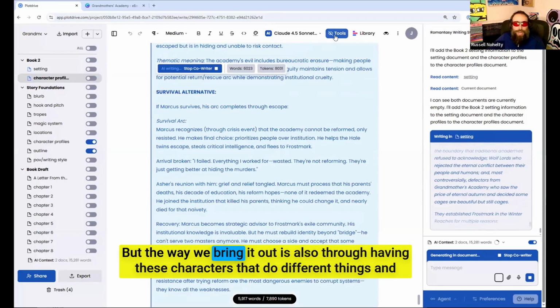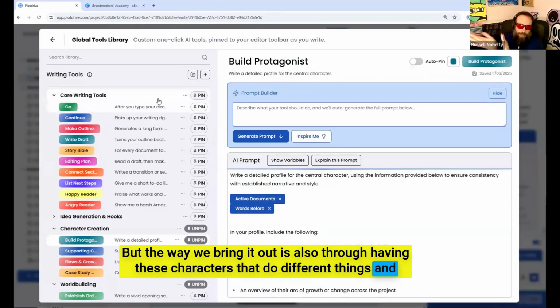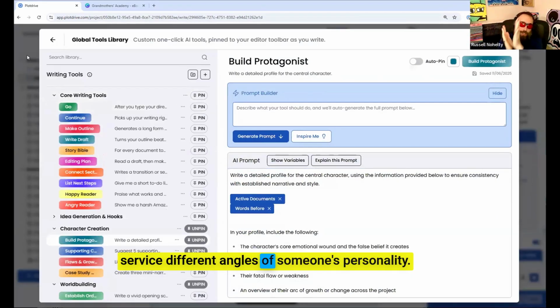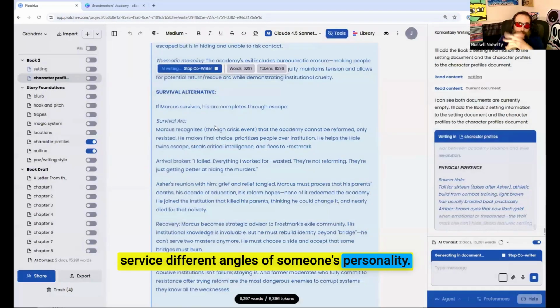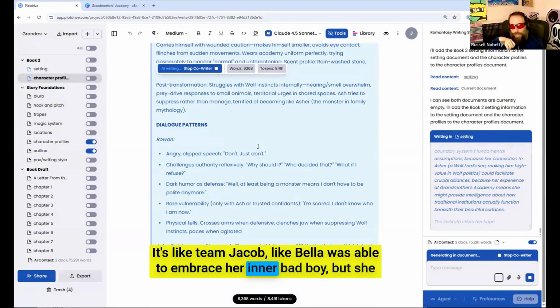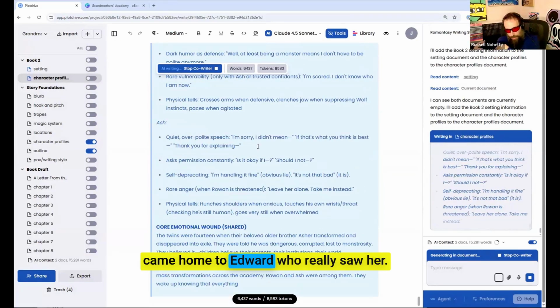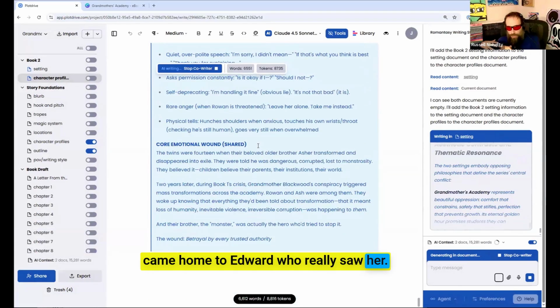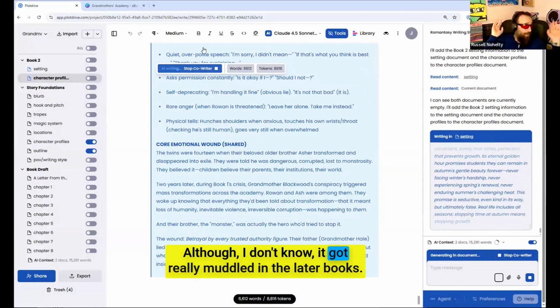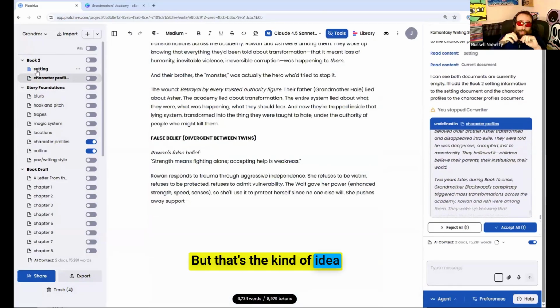But the way we bring it out is also through having these characters that do different things and service different angles of someone's personality. It's like Team Jacob: Bella was able to embrace her inner bad boy, but she came home to Edward, who really saw her. Although it got really muddled in later books, that's the kind of idea.